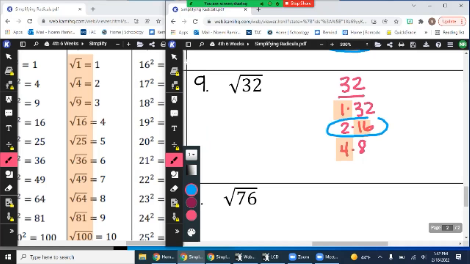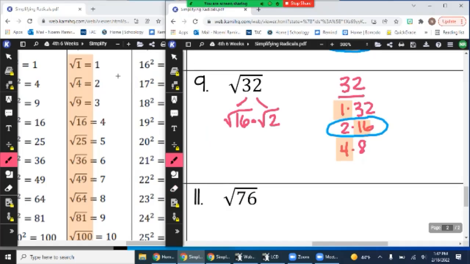Most people recognize the 4 and then they stick with the 4, not realizing that you also have the square root of 16. It's very important that you pick the biggest root because we put the 16 in the front. Because if you had to pick the 4, the 8 breaks down again.